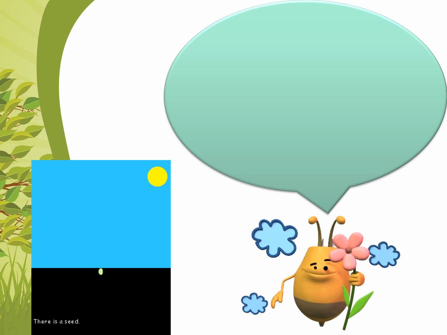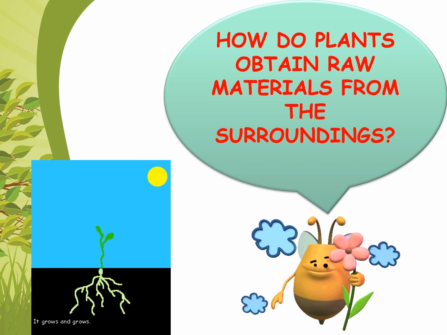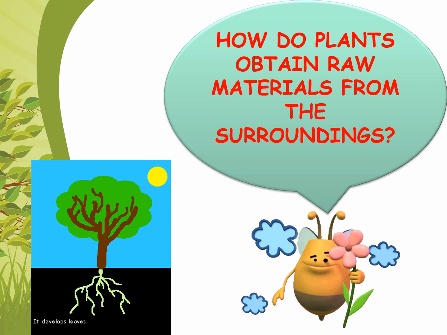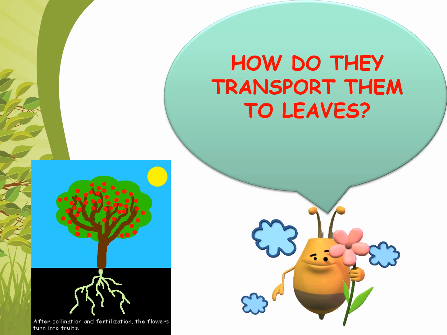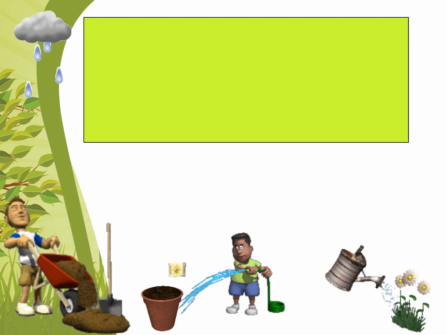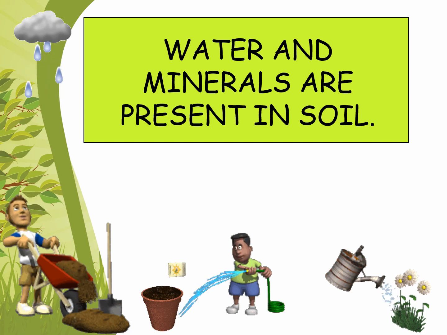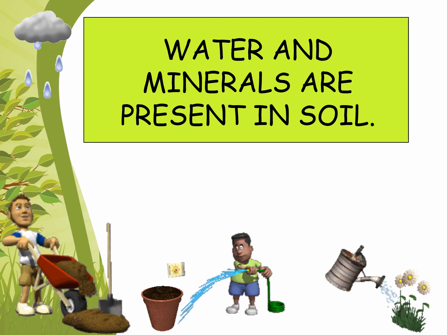If leaves are food factories of the plants, then how do plants obtain raw materials from the surroundings? How do they transport them to the leaves? Let's find out. As we all know, water and minerals are present in soil.